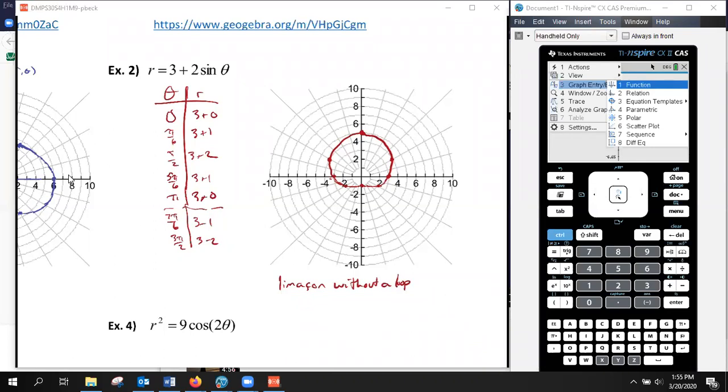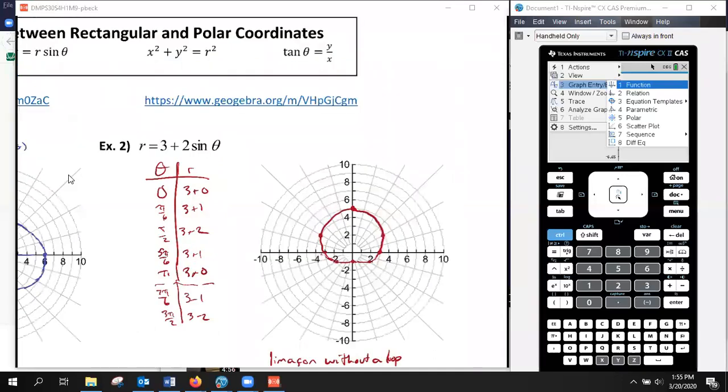A lot of that is important because when you're finding that enclosed area, if you look at radii as negative values, it's kind of like looking at a sine graph going from 0 to 2 pi.